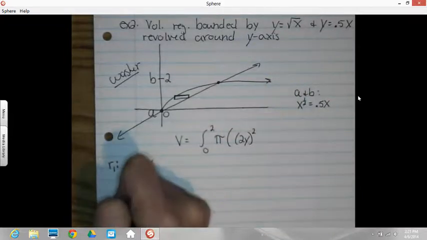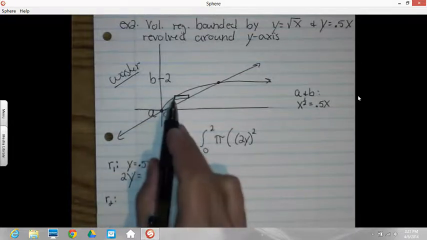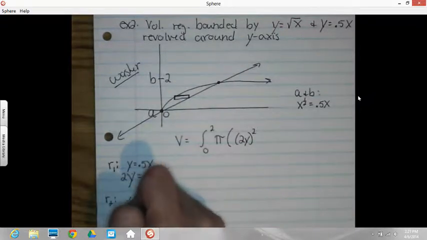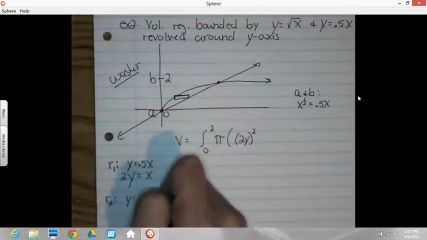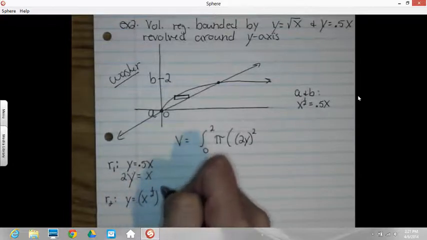R2 is the left function, right minus left. The left function is the square root function. That's the y equals x to the 1/2. I want this to be x equals so that I have it in terms of y. So I'm going to raise both sides to the second power.